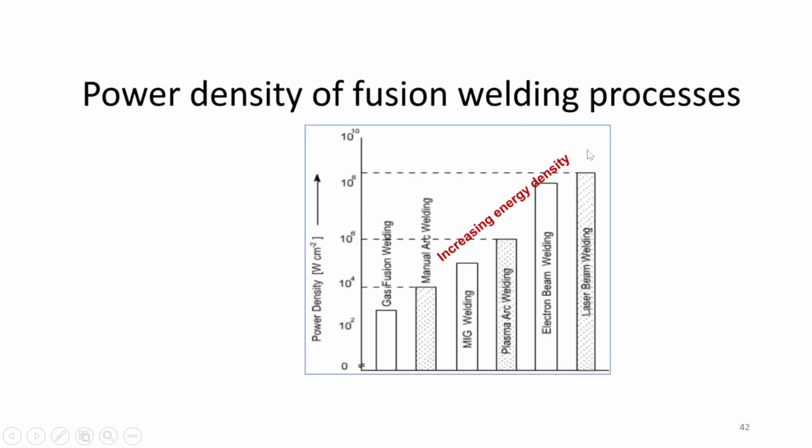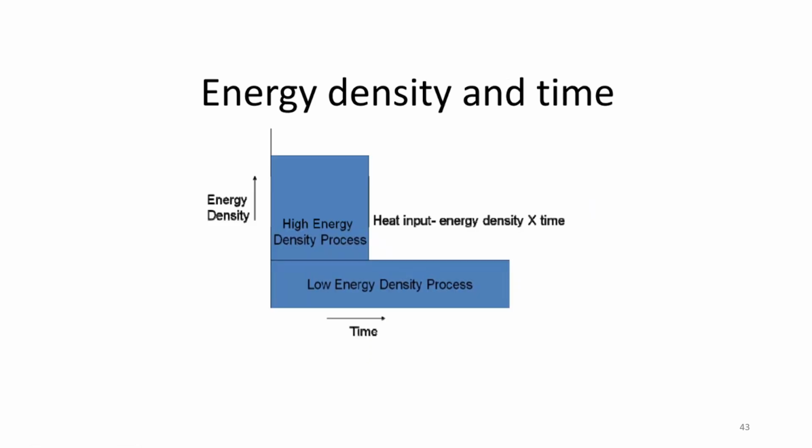Now this is the increasing order for various welding processes. So laser beam, electron beam and plasma, all these have the highest energy densities. Now heat input is given as the multiplication of energy density and time.